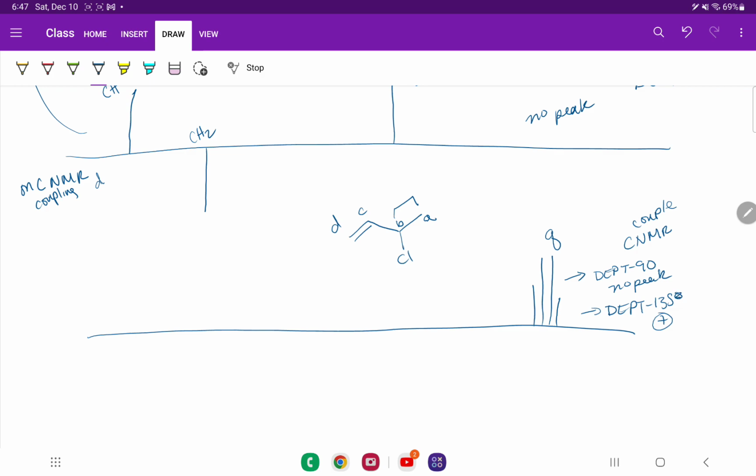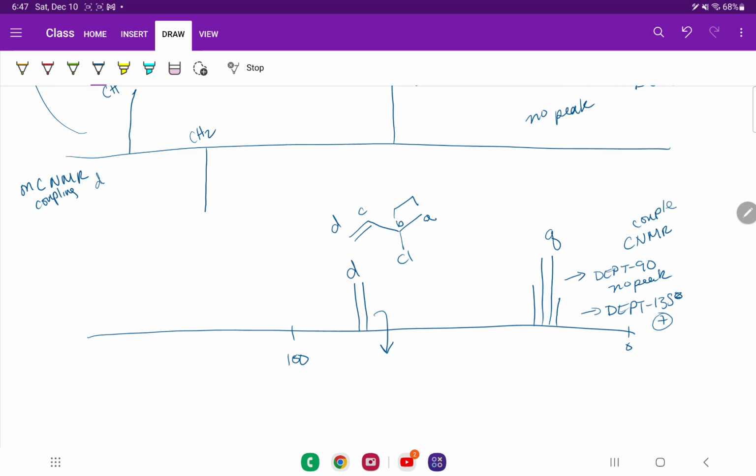B is very electronegative, so I should see it even more downfield, but not past 100. Since it has one hydrogen attached, unlike proton NMR, we're looking at neighbors. For carbon NMR, you're looking at the hydrogens on the carbon itself. So there's only one there, so that should be a doublet.